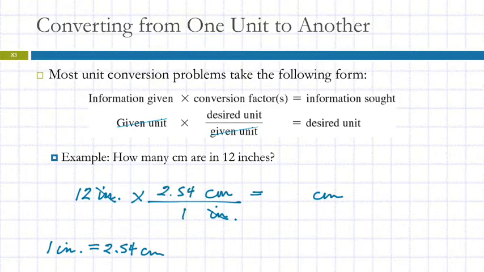Inches on the bottom, the number with inch is 1. So now I've got 12 times 2.54, and the calculator is going to tell me 30.48. Any questions about the unit conversion?